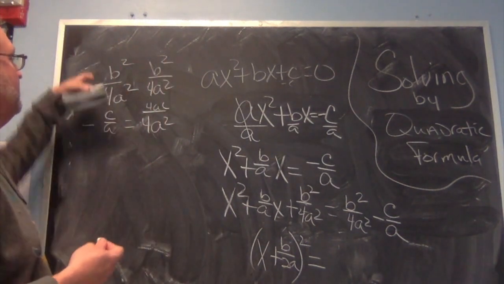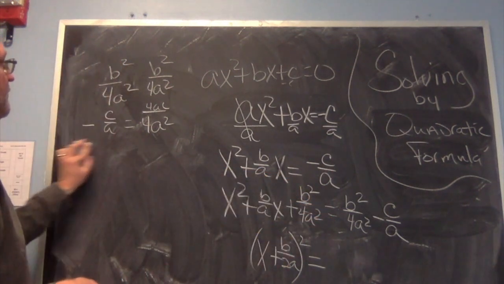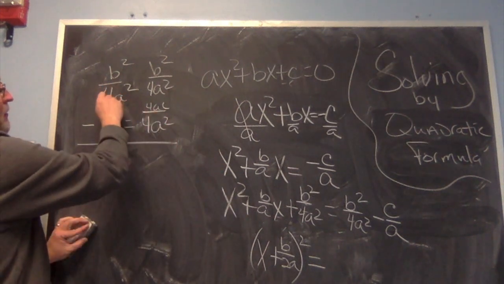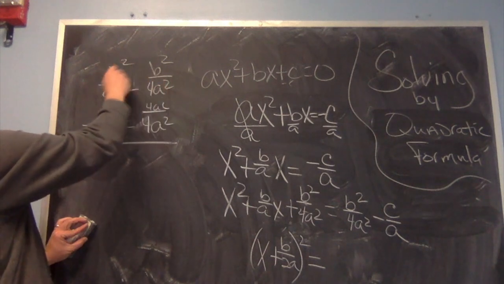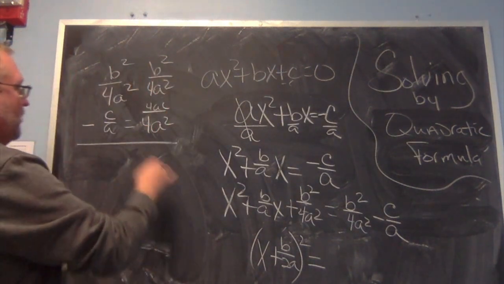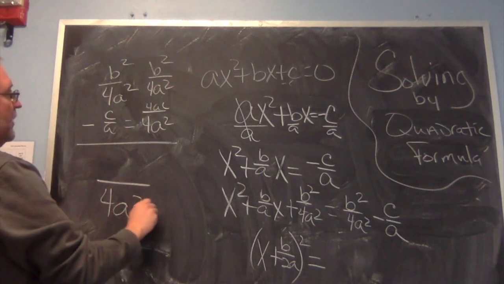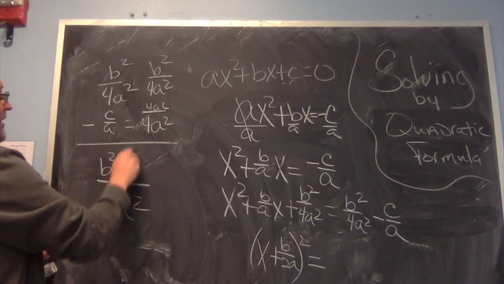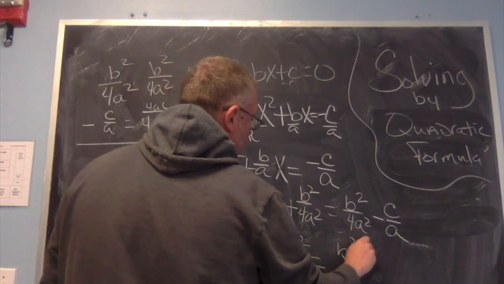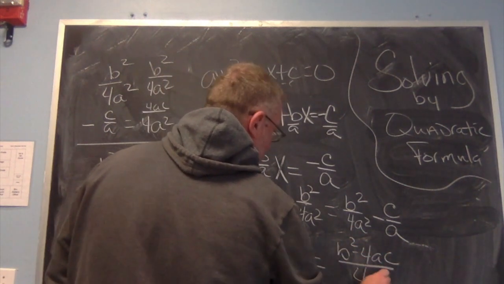If you remember, we have to get common denominators, which has to be 4a squared. 4a squared goes into 4a squared once. 1 times b squared is b squared. a goes into 4a squared 4a. 4a times c is 4ac. So I have b squared minus 4ac over 4a squared.